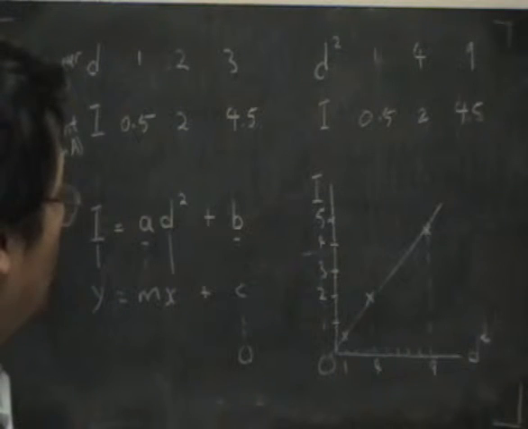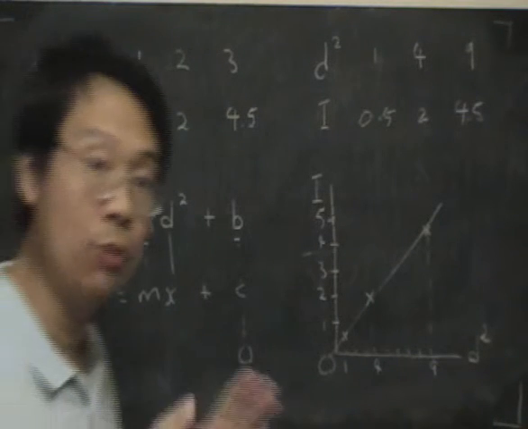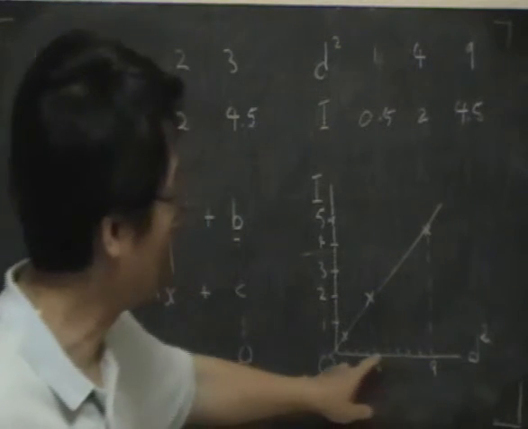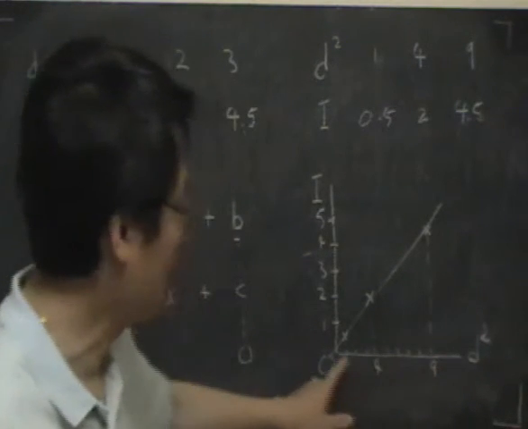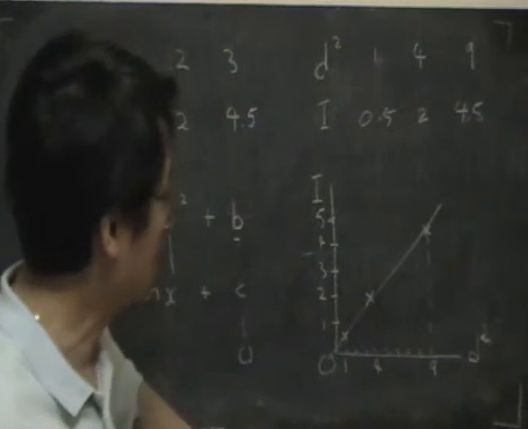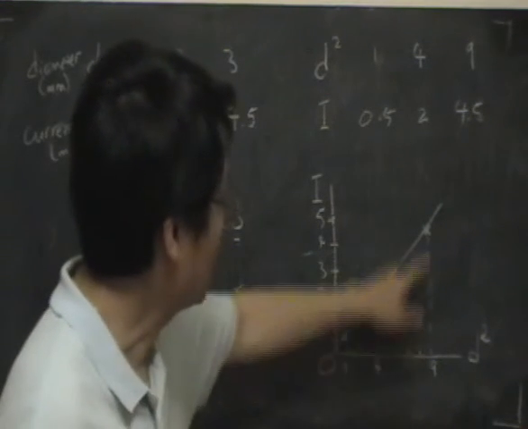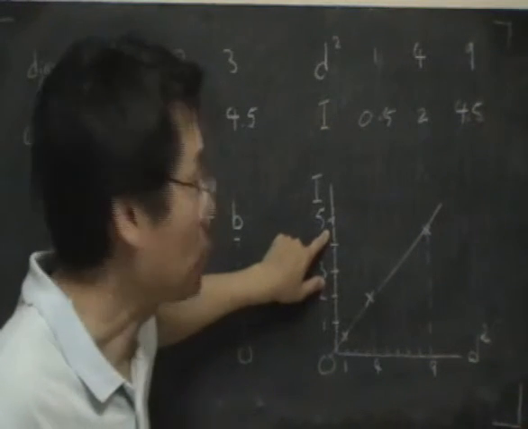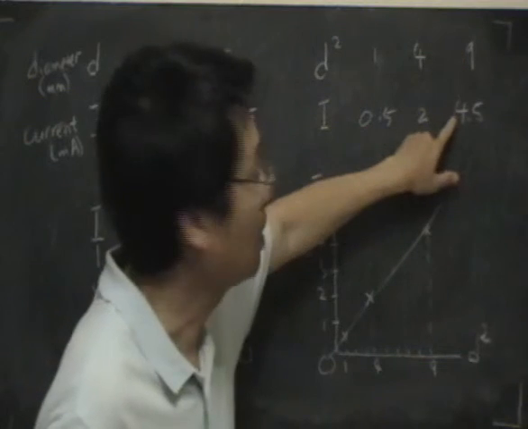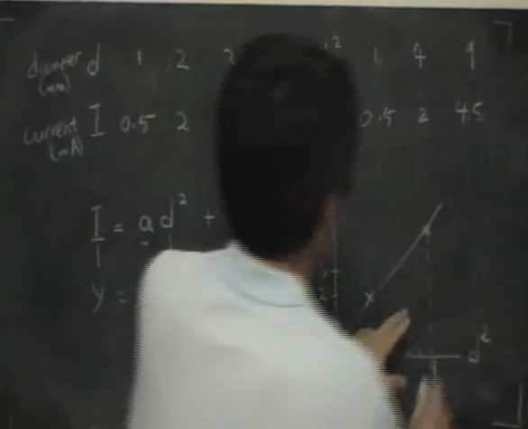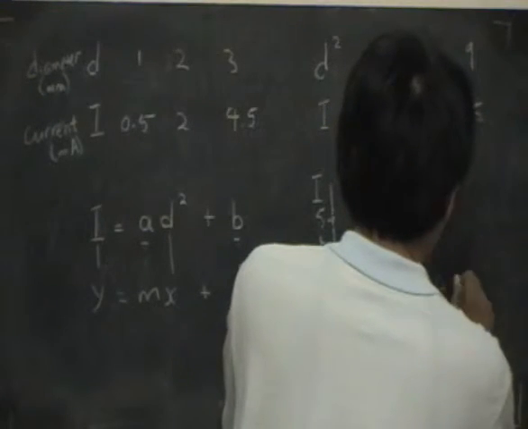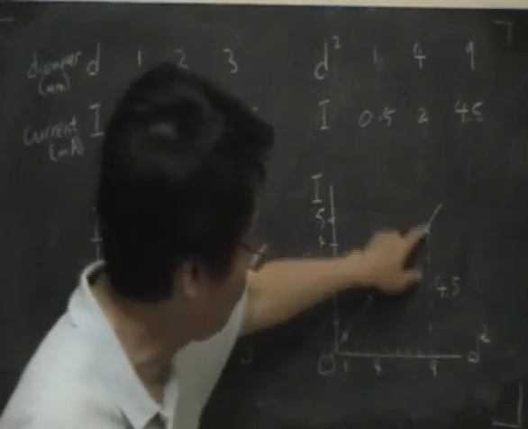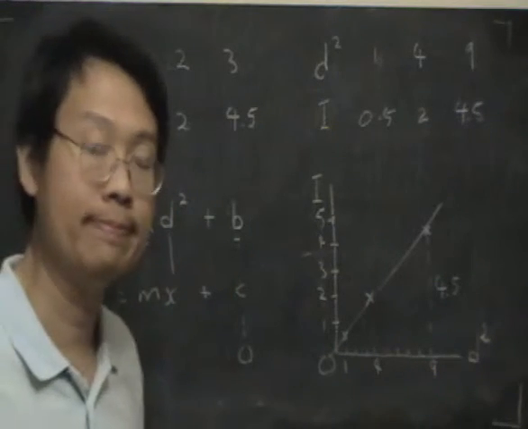Now I want to find the gradient, and the gradient is the vertical side divided by the horizontal side. Horizontal is 9. Okay, so that's simple. The vertical for that point we know is at 4.5. We know from that 9 and 4.5. So the vertical is 4.5. So therefore the gradient is 4.5 divided by 9.